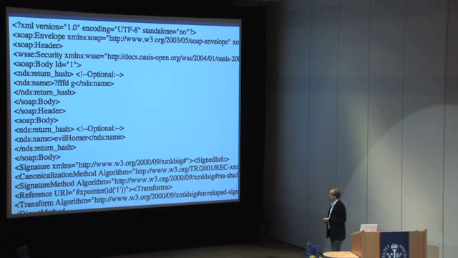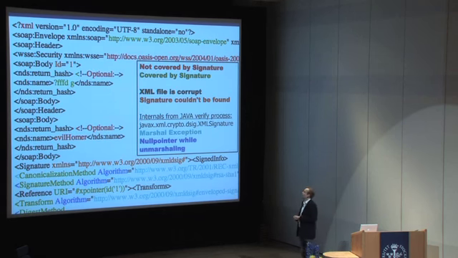So back to the SOAP message in XML, running a BitFlip on each individual character in a row. Actually, we came up with this more colorful XML document. Ignore the bluish colors at the moment. Just think about the red and green. Red means that we actually got a verified result even though we introduced a change, so this is not covered by the signature.